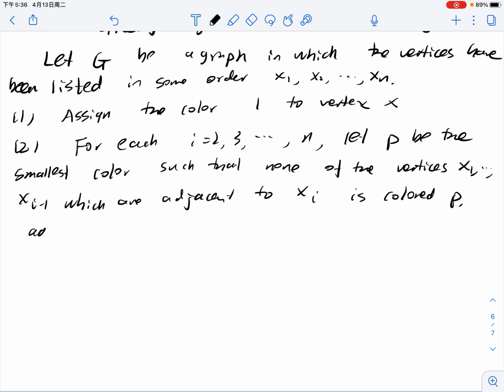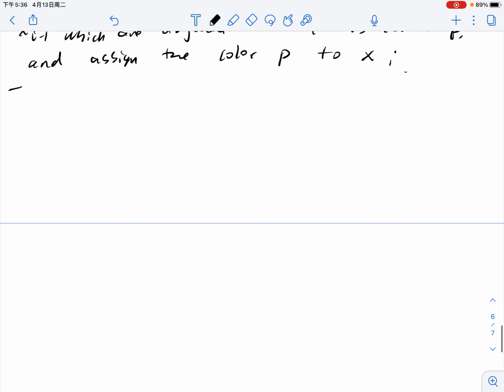And assign the color p to xi. And of course, without any information, we don't know what we have from the algorithm. Probably it stops in an intermediate step. We don't have a coloring at all.